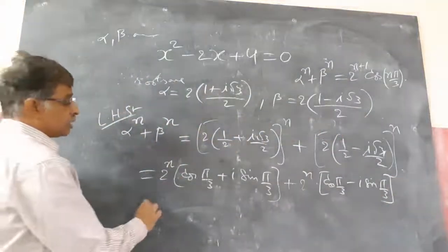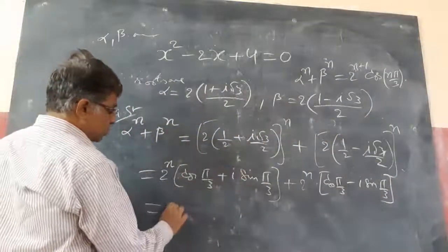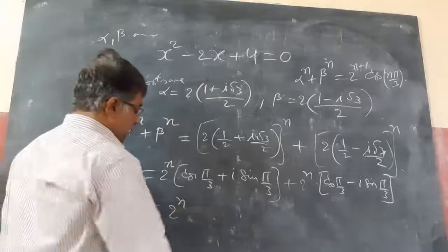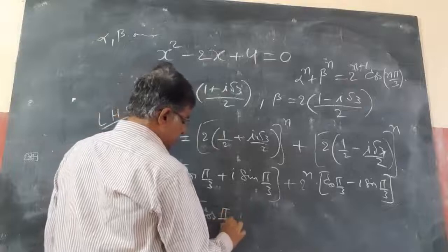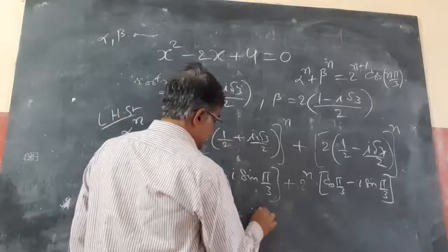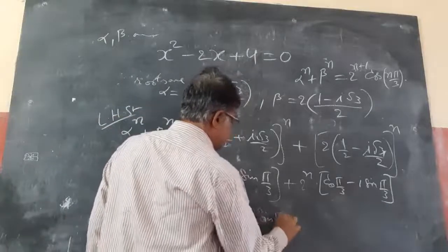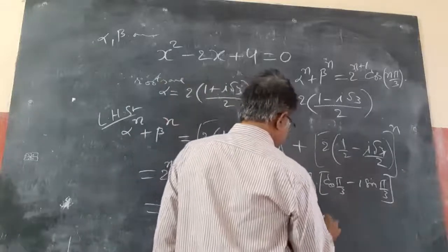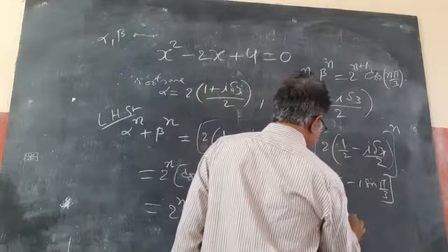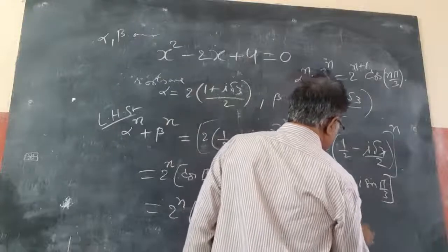Now from both of these I can take 2 power n common. So 2 power n into cos pi by 3 plus i sin pi by 3 plus cos pi by 3 minus i sin pi by 3.